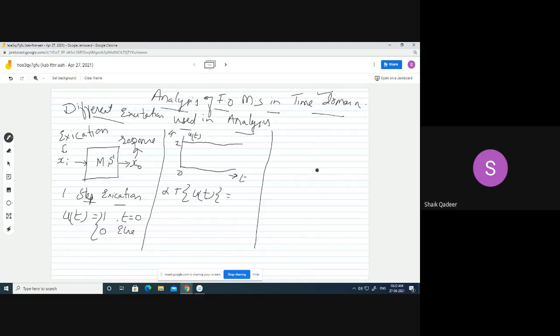Forget it. It is equal to 1 by s. Correct? Agree or not?